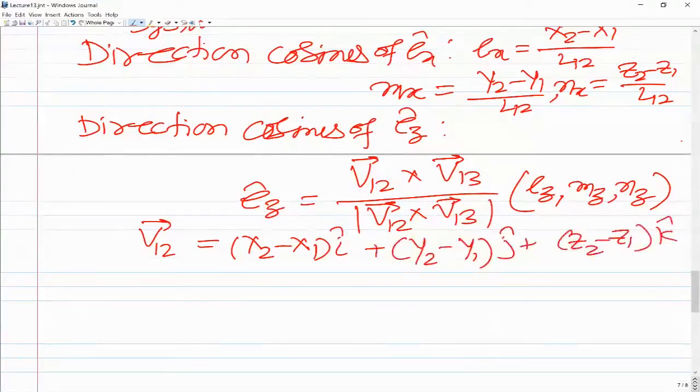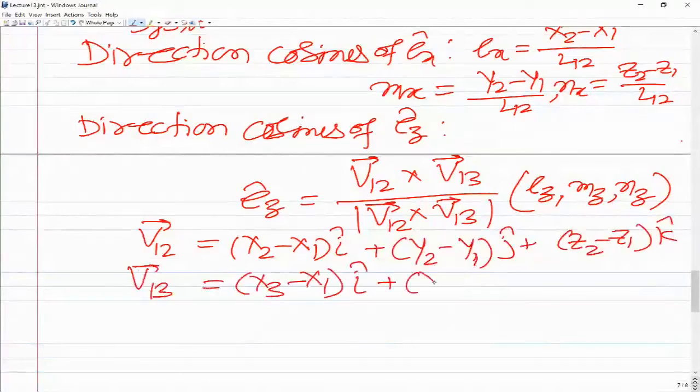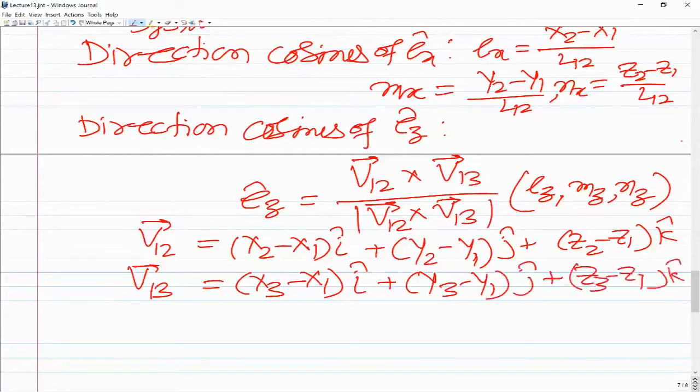I have already told you that x1 y1 z1 and x2 y2 z2 are the global xyz coordinates of nodes 1 and 2. Similarly, vector v13 is (x3 minus x1) i cap plus (y3 minus y1) j cap plus (z3 minus z1) k cap. So these are the vectors v12 and v13.